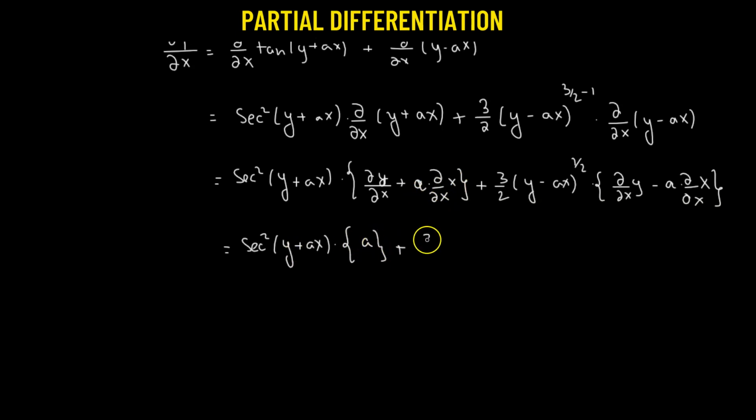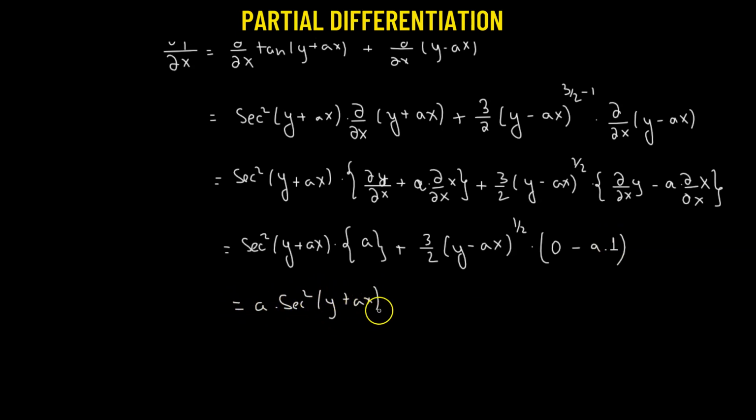Plus 3 over 2 times y minus ax raised to the power of half multiplied by the partial of y with respect to x, which will be 0, minus a times the partial of x with respect to x, that will be 1. So this is going to give us a times secant squared of y plus ax minus 3 over 2 times a multiplied by y minus ax raised to the power of half. So this is the value of the partial of f with respect to x.